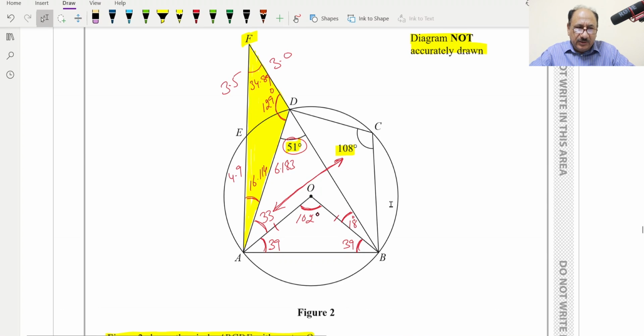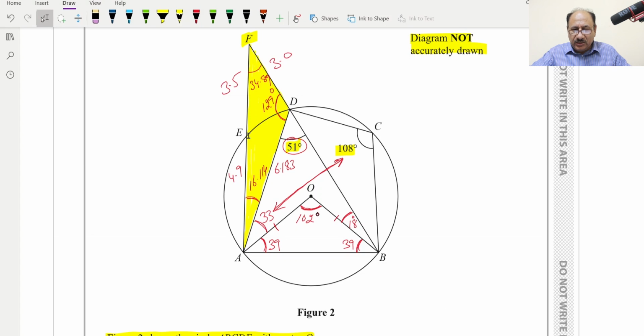Now we have AD and we have the other sides also. We require the AB side so that we can apply the area formula.